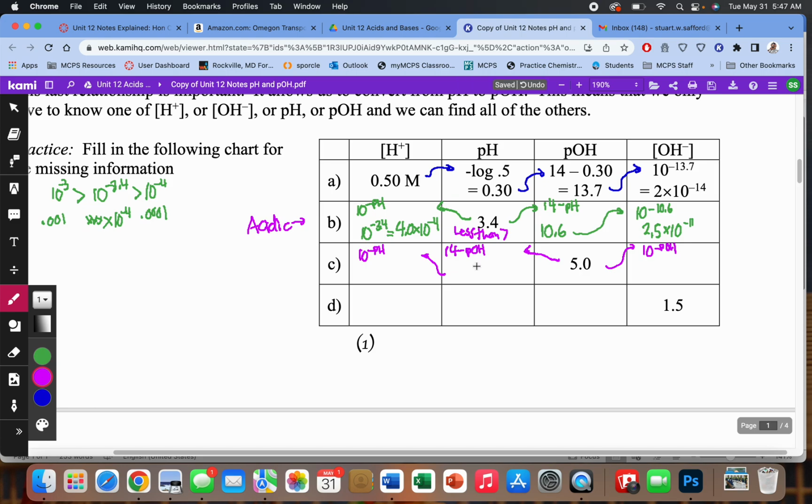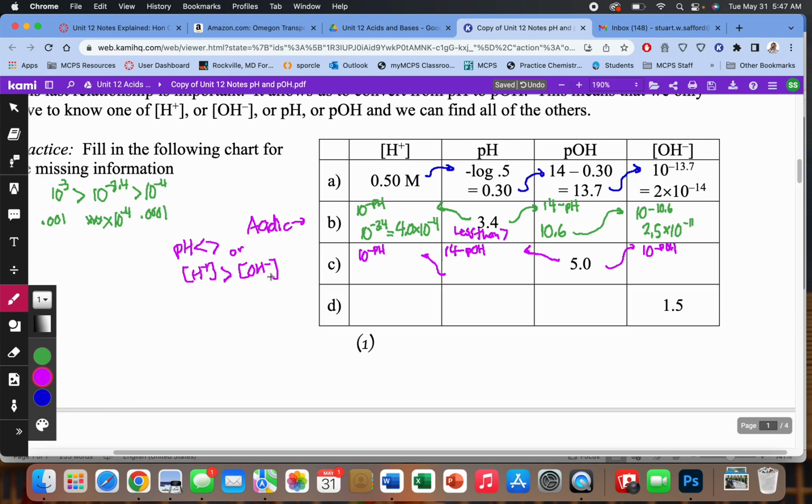Or you can say, I have more H+ than I have OH-. And so for acidic, you can say that the pH is less than 7, or you can say that the H+ concentration is greater than the OH- concentration. Either one of these would imply that it's acidic, right?